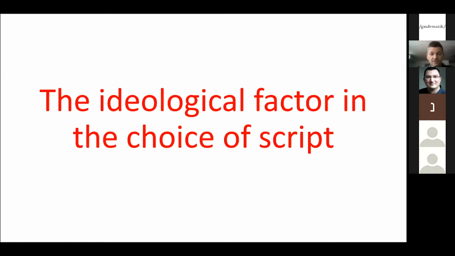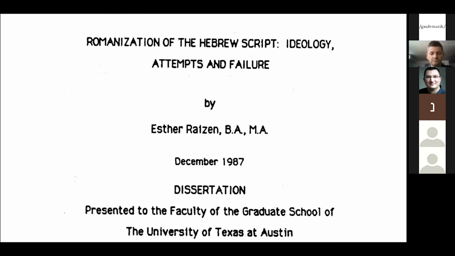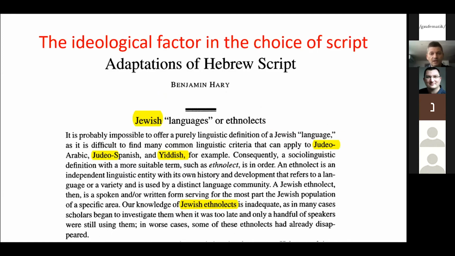So, first of all, the ideological factor in the choice of script, that's very clear. There have been attempts to Romanize the Hebrew script. It hasn't worked because of ideology. So all of the attempts have failed. In fact, the Hebrew script has never ceased from being used, whereas Hebrew had not been spoken for about 17 centuries, from about 200 CE until a little over a century ago.